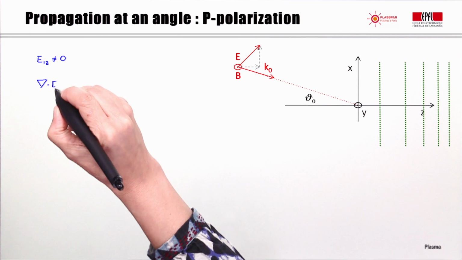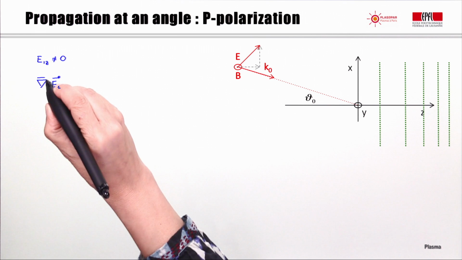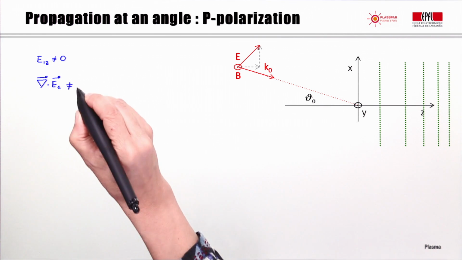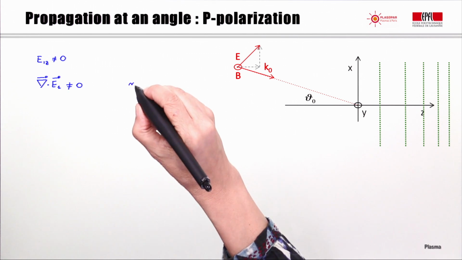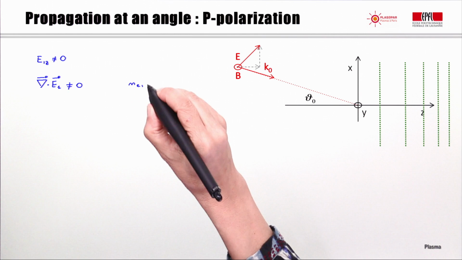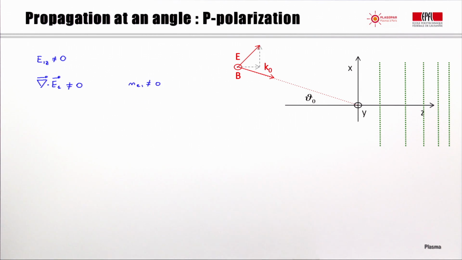divergence of E1 is different from 0. By Gauss' law, this implies that in the plasma there will be a density perturbation that is not 0.